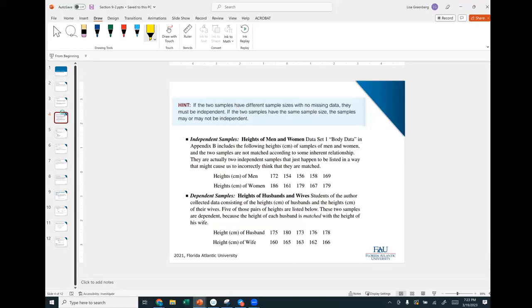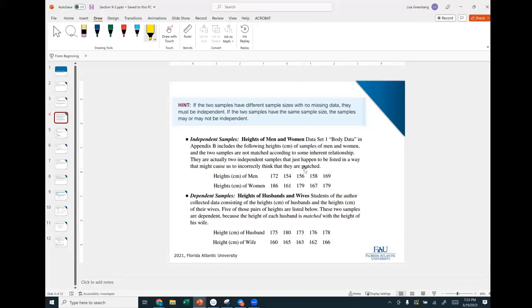There's just this sample that we've taken of men and a separate sample that we've taken of women, and they don't know each other. They're not related in any way. Those are independent, okay? They are actually two independent samples that just happen to be listed in a way that might cause us to incorrectly think they are matched.